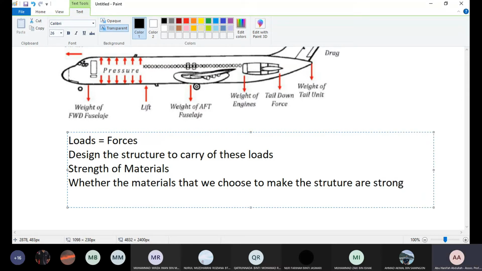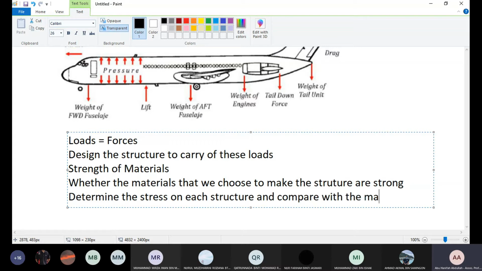How do you do it? You have to determine the stresses on each structure member and compare with the material strength.